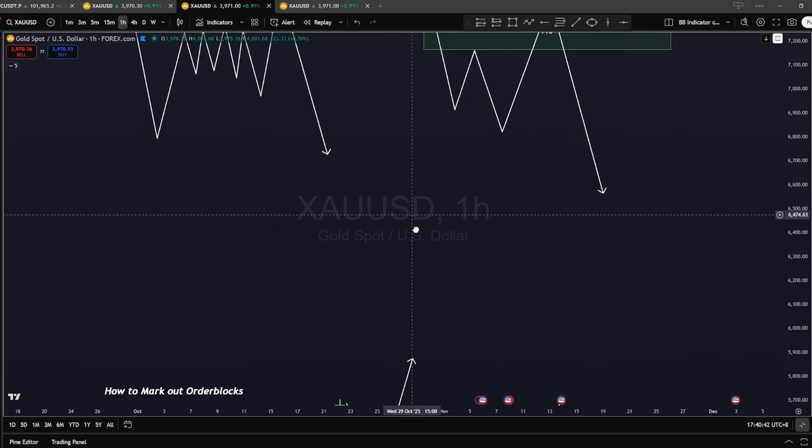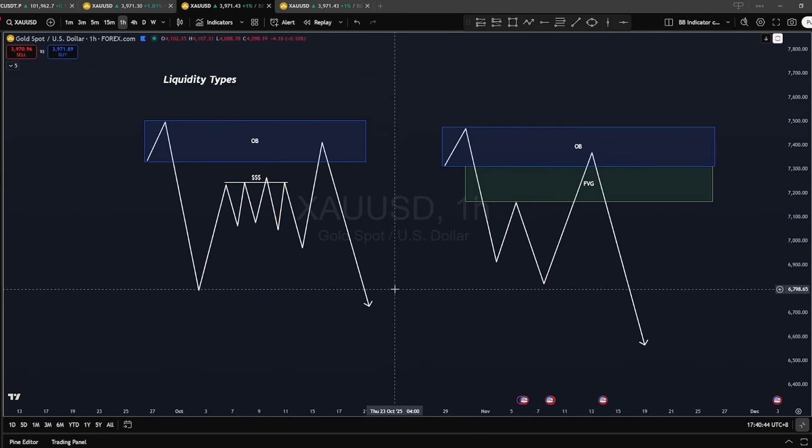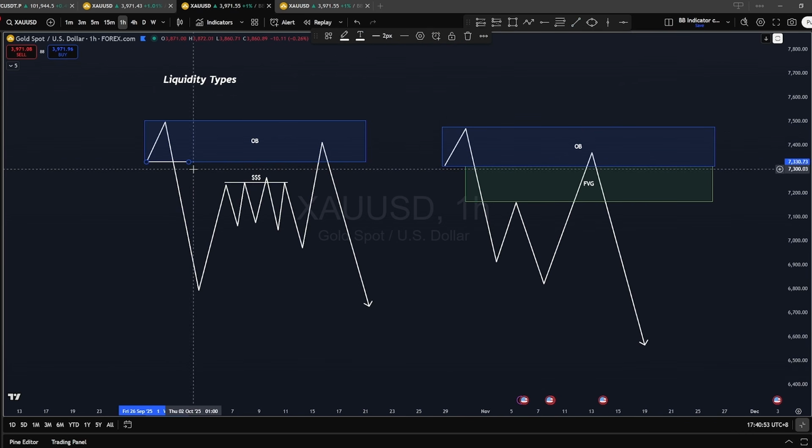If the market decides to create, for example, a bearish order block in this case, lower high, lower low, you break past this low, your structure break, that's already confirmed, good. And then price comes back up to retest, and it starts to consolidate. This creates equal highs and equal lows. This is one type of liquidity that could be created before price eventually taps back into the order block.